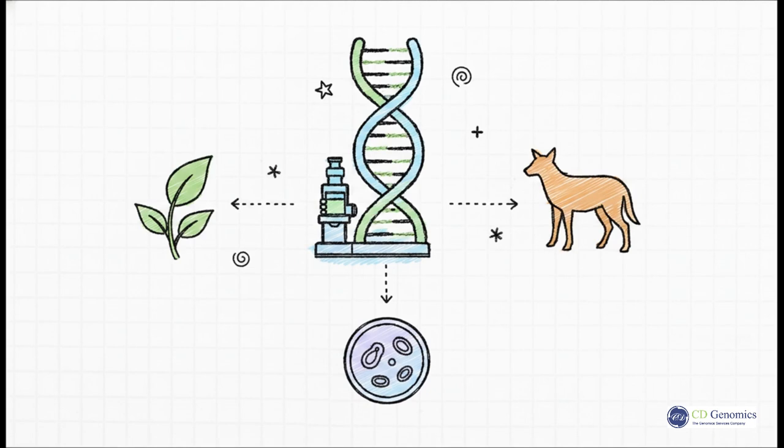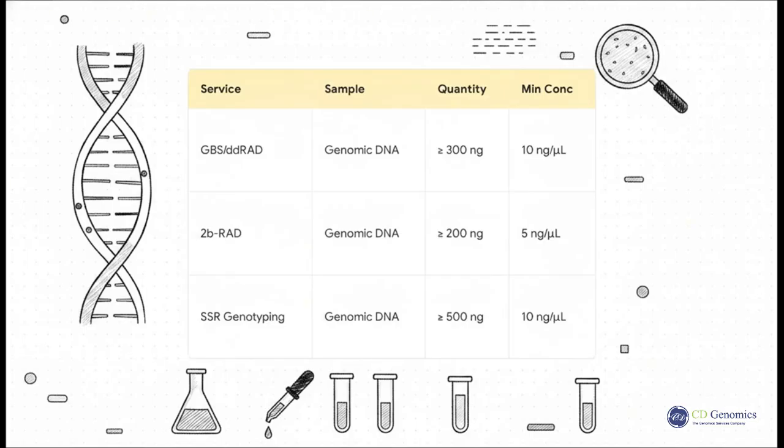Let's take a look at their specific toolkit. Whether you're conducting broad whole genome SNP screening using Illumina microarrays or genotyping-by-sequencing, or maybe you need highly targeted fine mapping with MassARRAY or ABI TaqMan, CD Genomics literally has the exact scalable platform you need. They even offer copy number variation and microsatellite services, and the versatility is incredible, whether you're working with animal, plant, or microbial genomes. Now, for the researchers tuning in, I know the practical details matter.